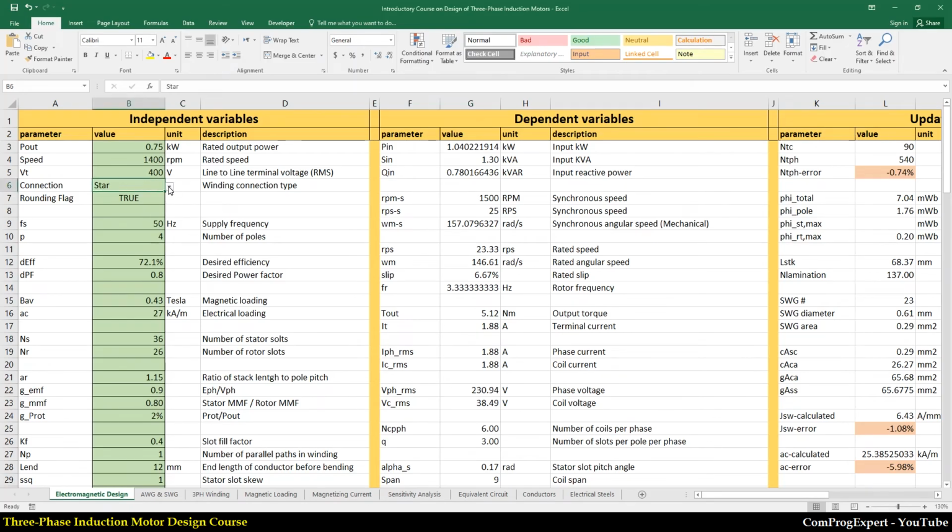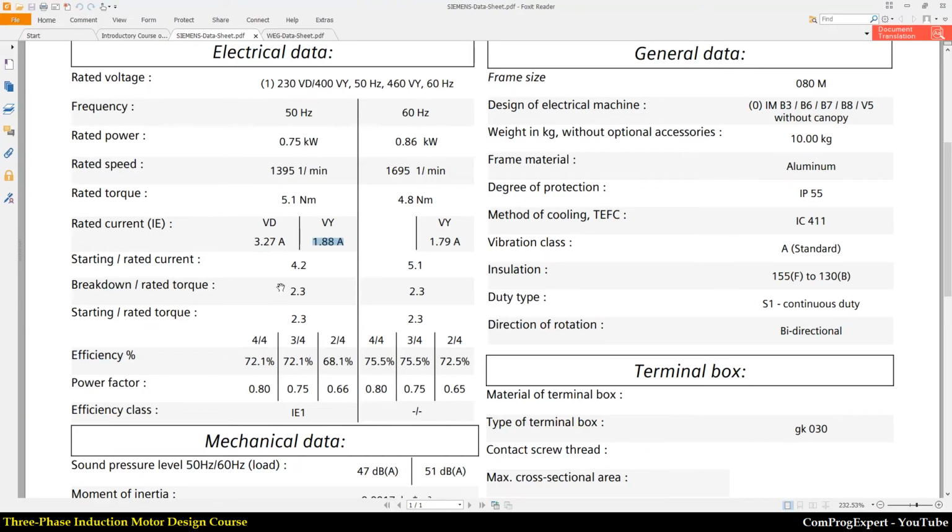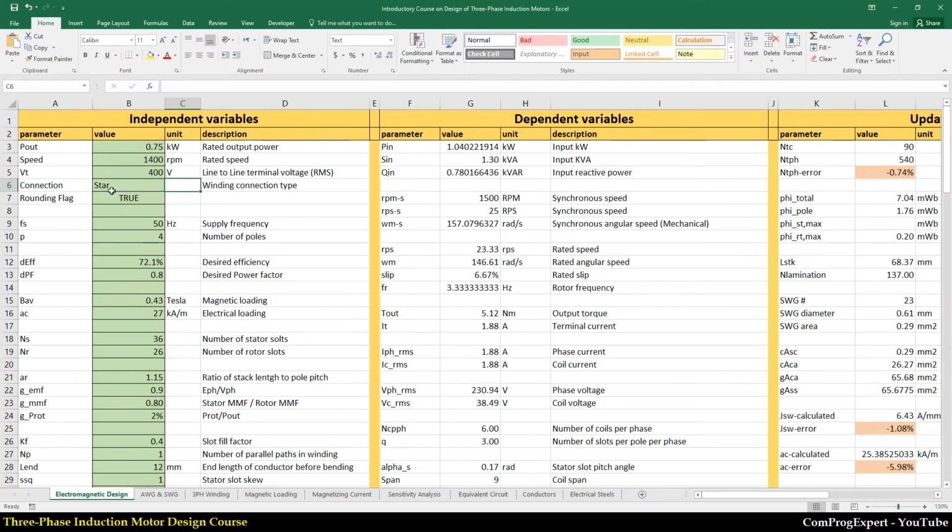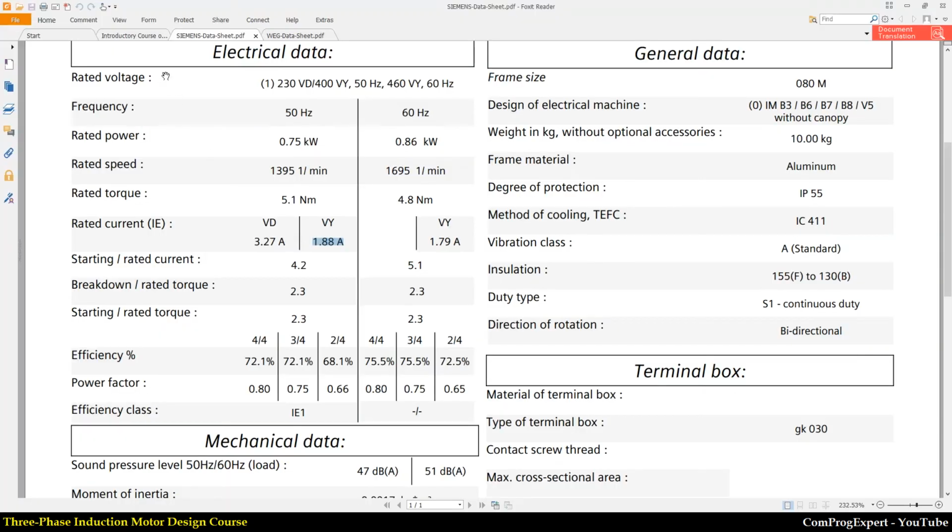Here we can select the connection, star or delta. So based on the connection, you can calculate the phase voltage, and also you can calculate the phase current, right? You can set the winding connection here. So I set the winding connection to the star, and also as you can see, the value of phase current is the same as the line current, right?